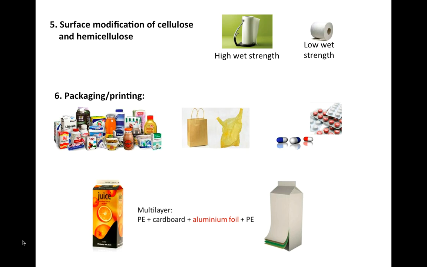We used to have a strong program on the surface modification of lignocellulose, specifically cellulose and hemicellulose. These materials are quite important in Scandinavia because of the great source of forest that you have there. All these commodities need, up to some extent, modification of the surface to improve several characteristics or to impart them, like high wet strength or low wet strength.